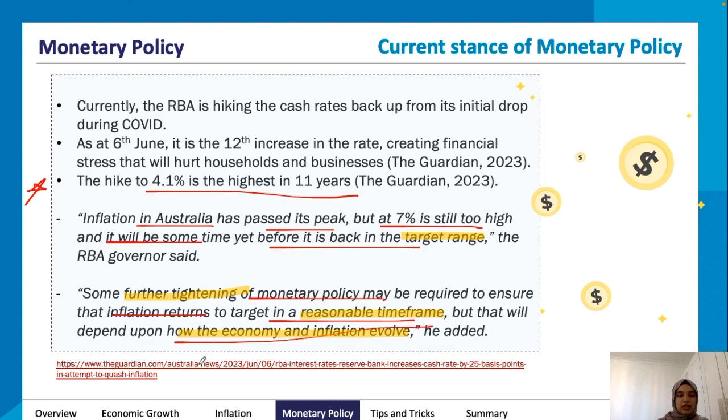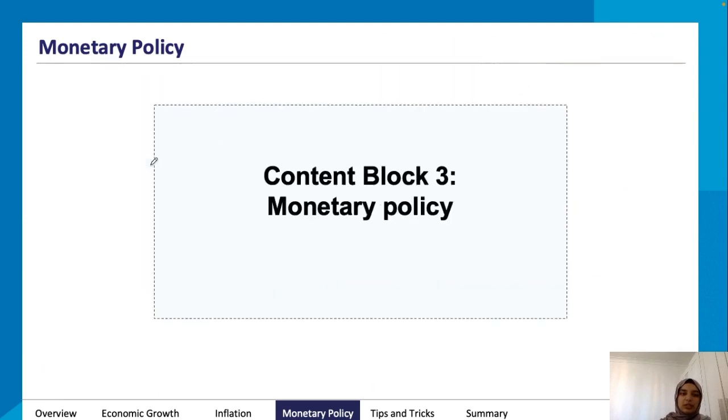I've put down at the bottom a link to the article that I've quoted here, which is from The Guardian. It says the Reserve Bank increases the cash rate by 25 basis points in an attempt to quash inflation. News articles like this are really important to what I was talking about earlier.